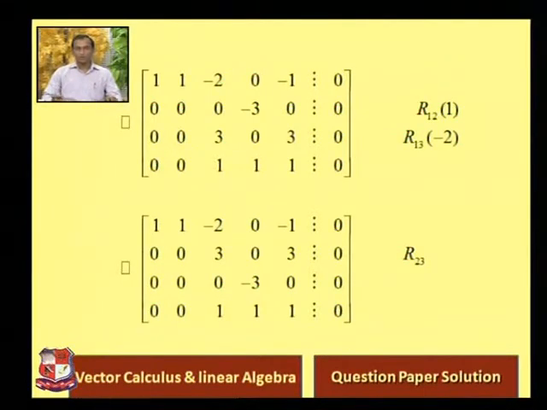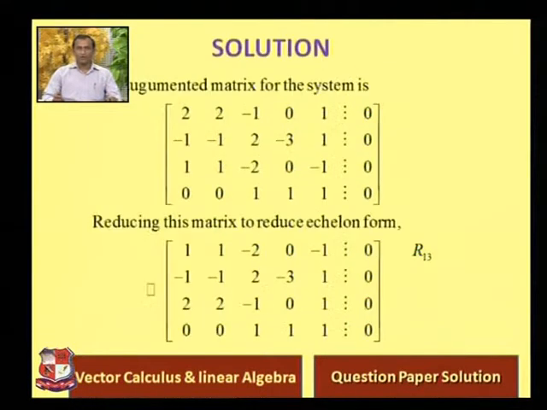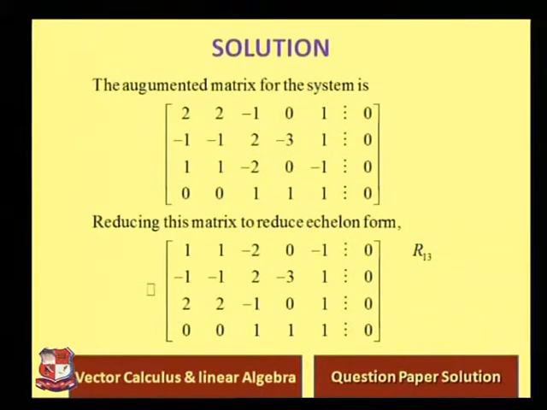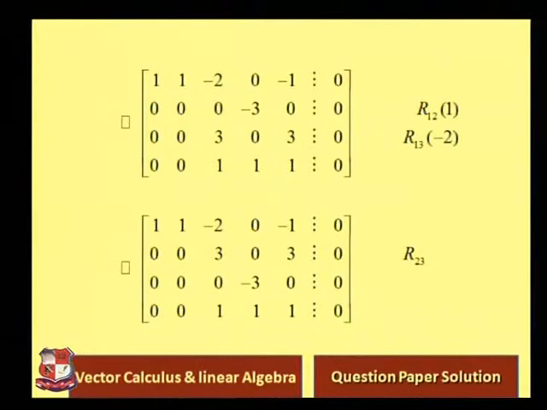Next, similarly R13 with minus 2, that means multiply the first row by minus 2 and add to the third row. Minus 2 into 1 plus 2 is 0. Next, 1 into minus 2 plus 2 is 0.